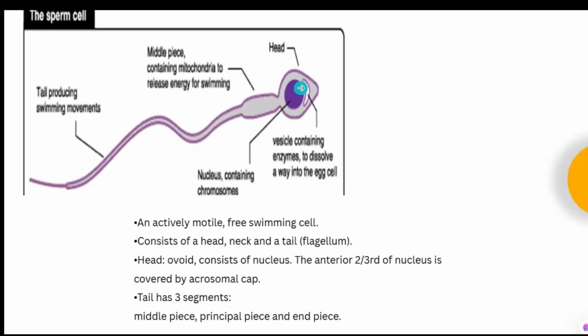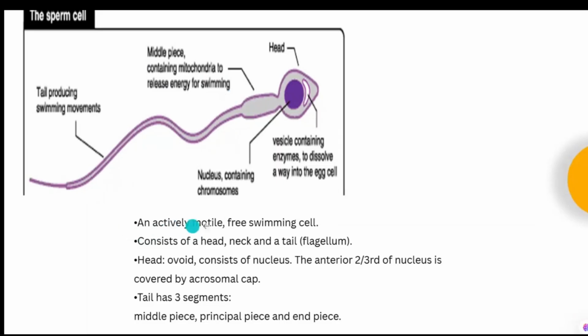This is the nucleus, and this is the vacuole, or vesicle, which contains enzymes to dissolve its way into the egg shell. This is the nucleus which contains the chromosome. Then there is a midpiece which contains the mitochondria to release the energy for swimming, and this is the tail. So even the content of the midpiece you should know. It contains the mitochondria to release the energy for swimming.